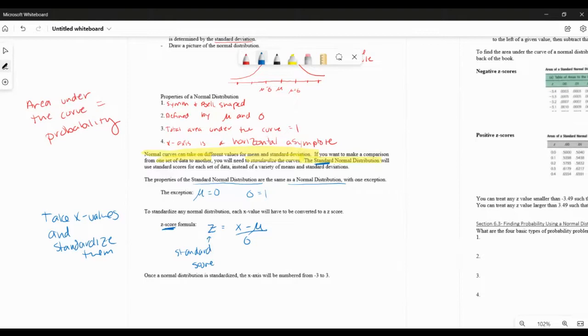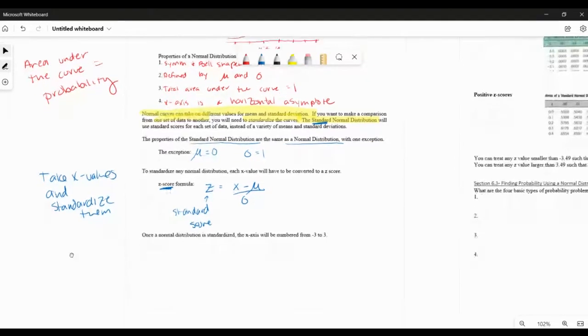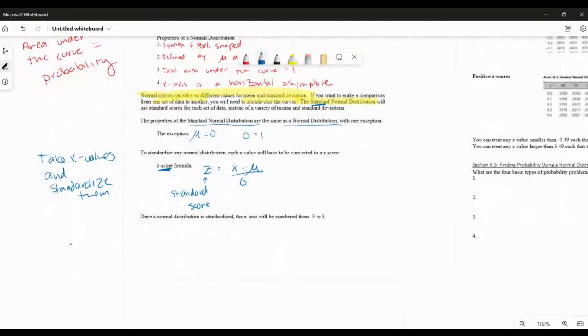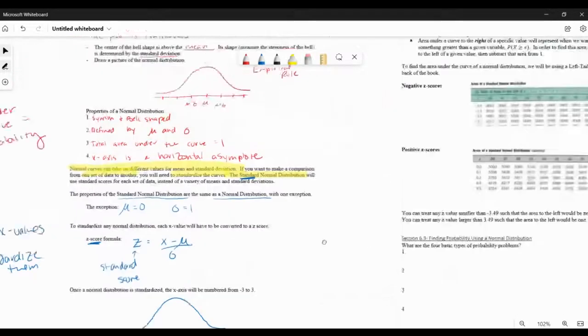Right here. Okay. All right, so once the normal distribution is standardized, the x-axis will be numbered from -3 to 3. And in the middle, the mean will now always be 0. And then we'll say 1, 2, 3, and -1, -2, -3, instead of having a bunch of different means and standard deviations down there. Okay.